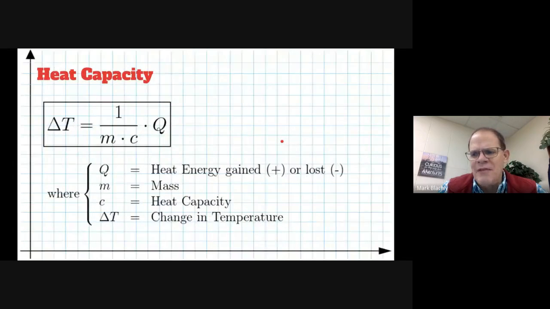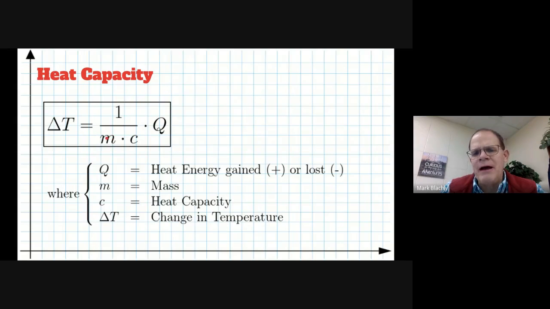Now, don't write this down yet, okay? Here's what we get when we put it all together. The change in temperature is inversely proportional to the mass, so the mass is in the bottom. It's inversely proportional to the heat capacity, so the heat capacity is in the bottom, and it's directly proportional to Q, so Q is in the numerator, the top, okay? Now, we don't usually write equations like this because we don't like fractions.